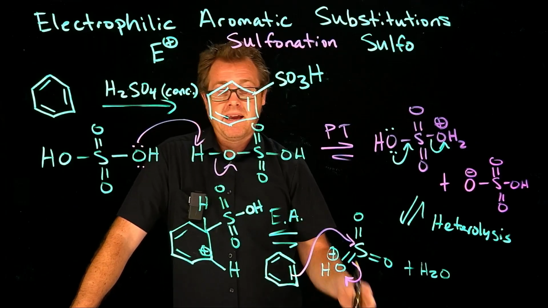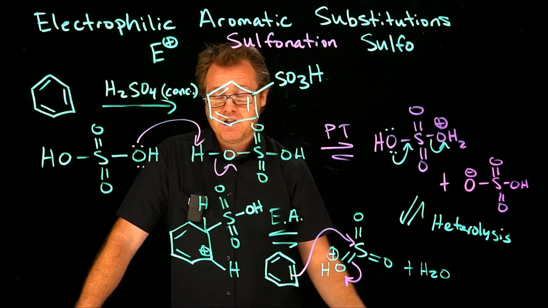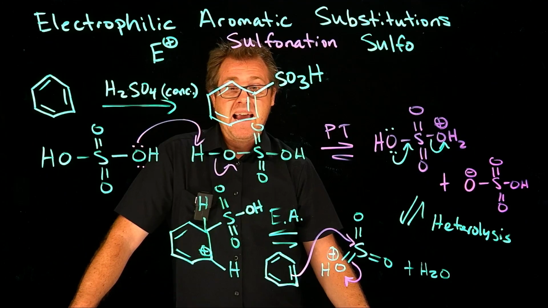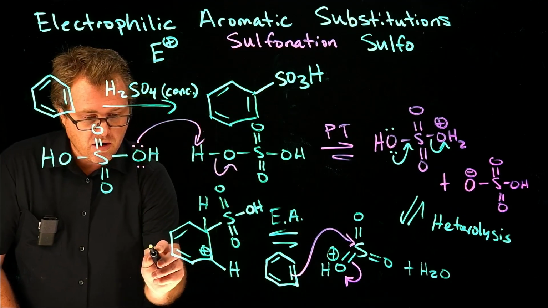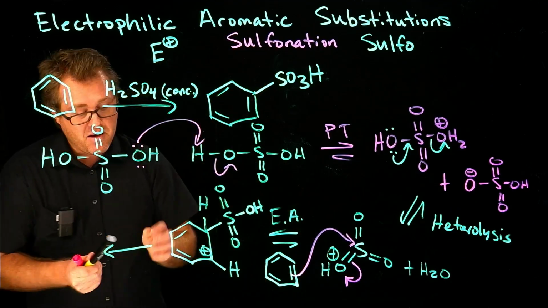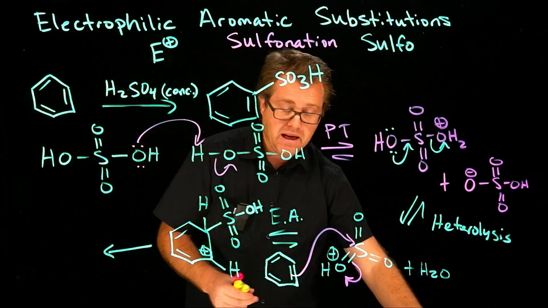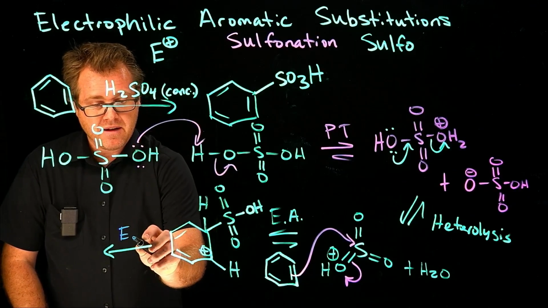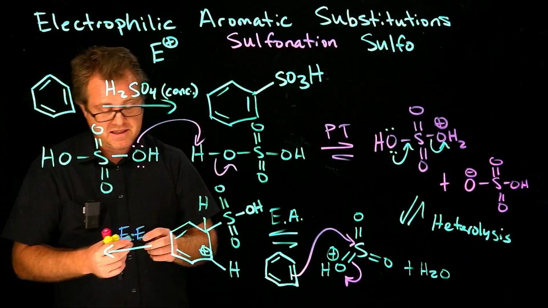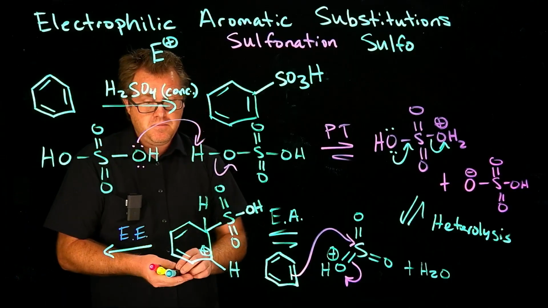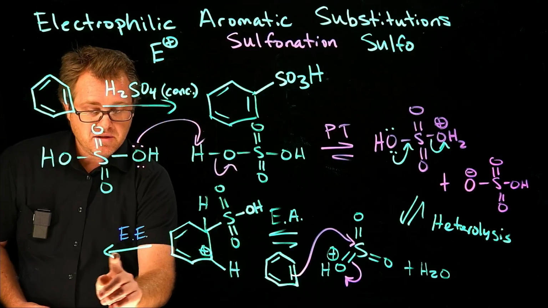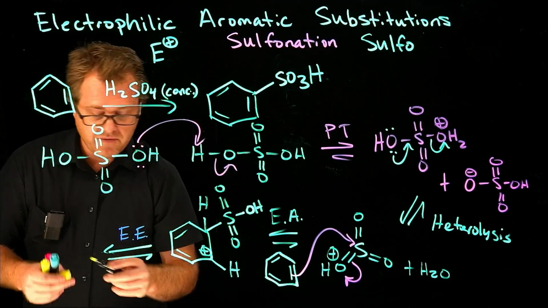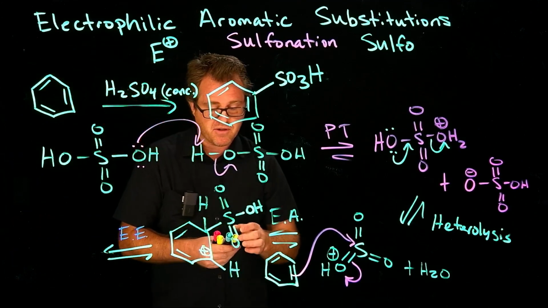When you go back and compare this reaction to halogenation, nitration, Friedel-Crafts alkylation, and acylation, you will recall that this last step, the electrophile elimination step, is irreversible. But in sulfonation, it's reversible. Of the 5, that's the only one that's reversible.